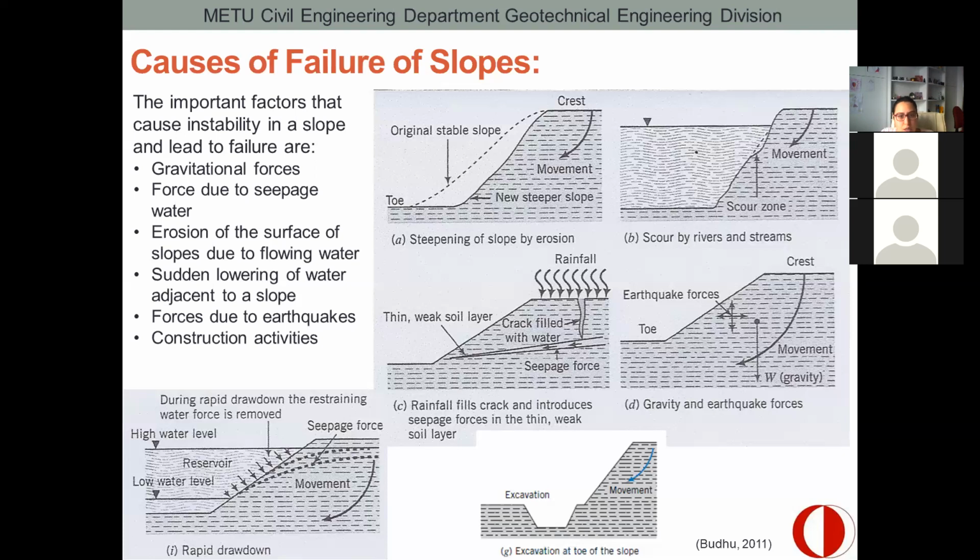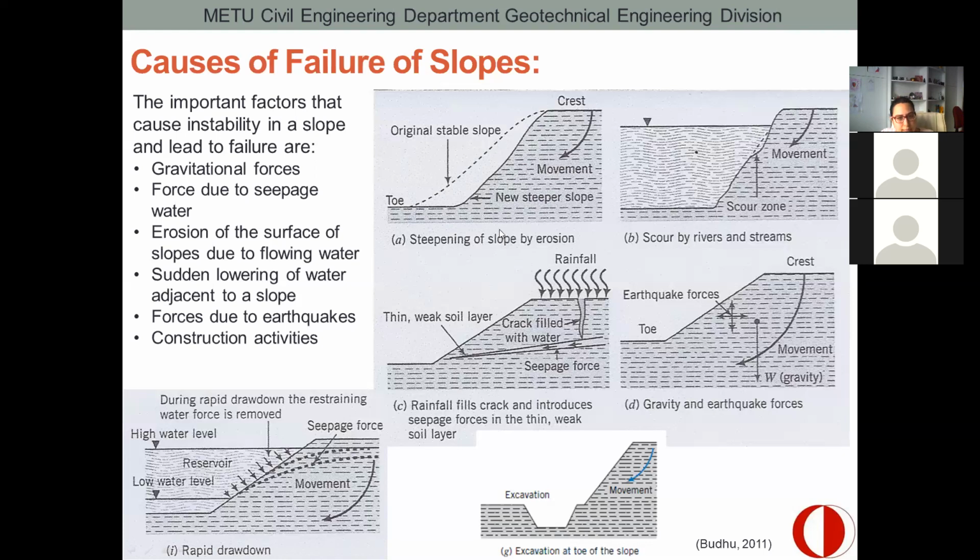Then the slope geometry can change, as you can see in this first picture, because of some erosion or some outside construction. Here, as you can see on this picture, this is the original slope, which is stable, and then by erosion, the angle of the slope changes. This is the new and steeper slope. In that case, we can see slope failure.